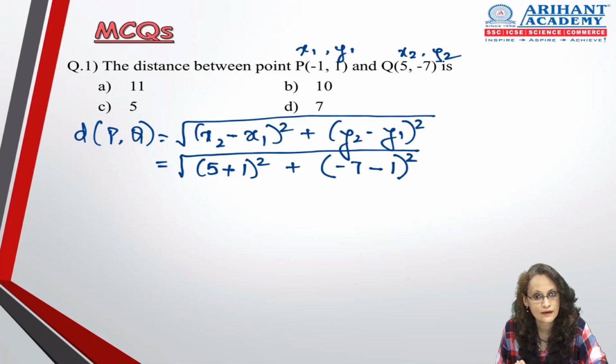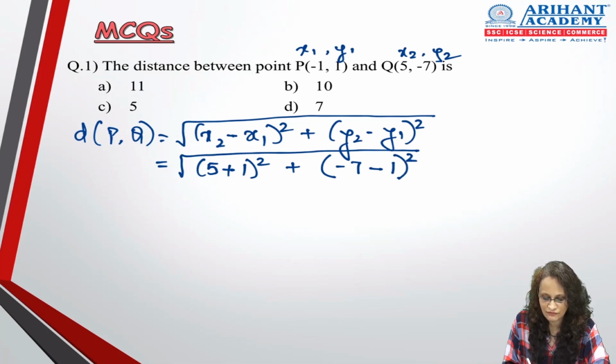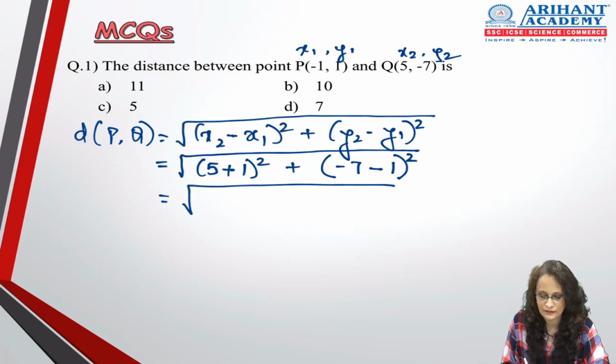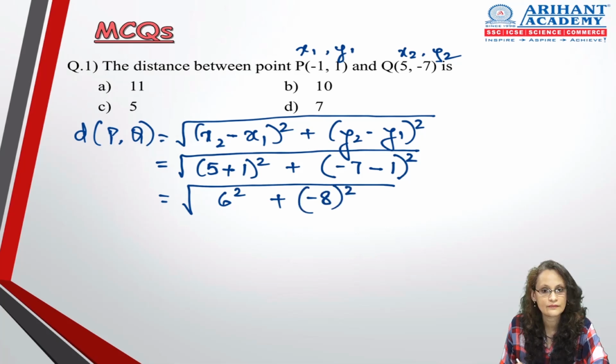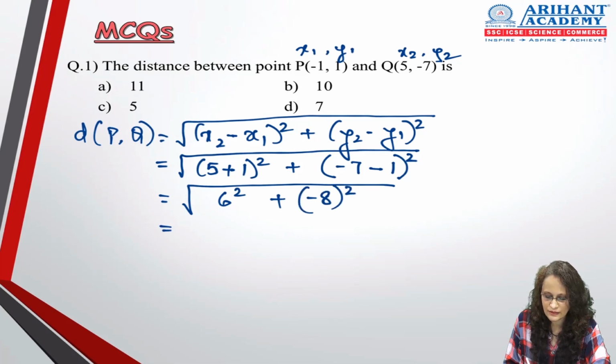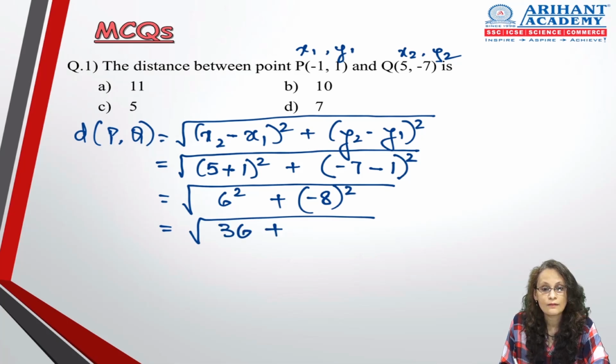So the substitution part is done. Now we need to go for the simplification part. So let's continue. 5 plus 1 is nothing but 6 square, plus minus 7 minus 1 is minus 8 the whole square. So 6 square is going to be 36, plus minus 8 square.